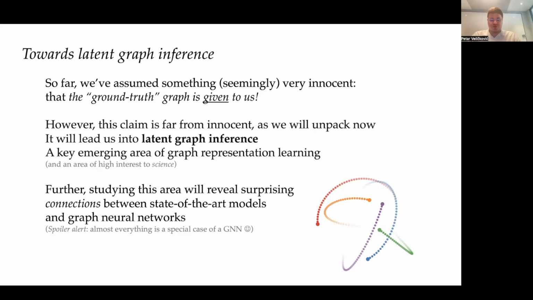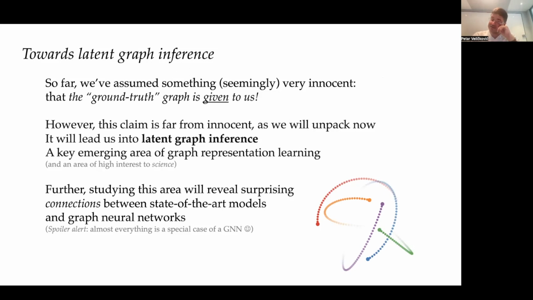But before we dive back into this, we are going to move on to a very important topic, latent graph inference, which tackles one very innocent but very important assumption we've been making, that we have a ground truth graph and that graph is given to us.